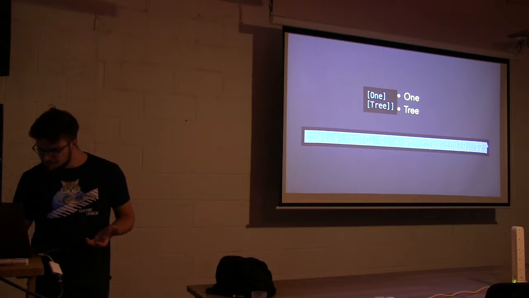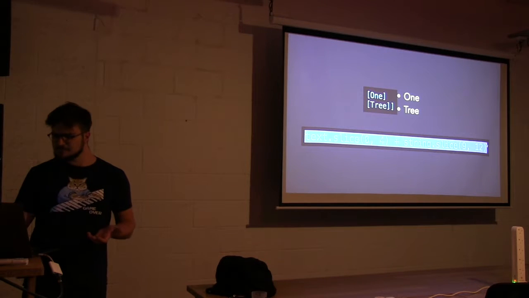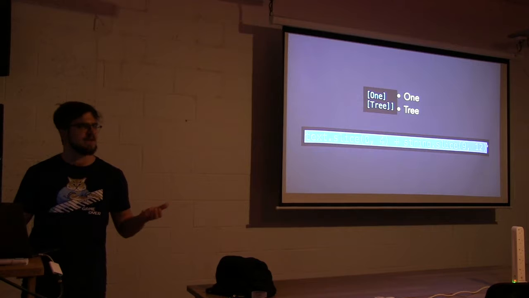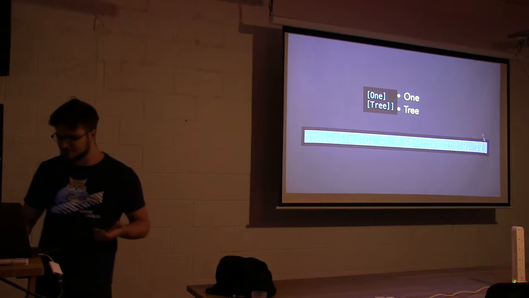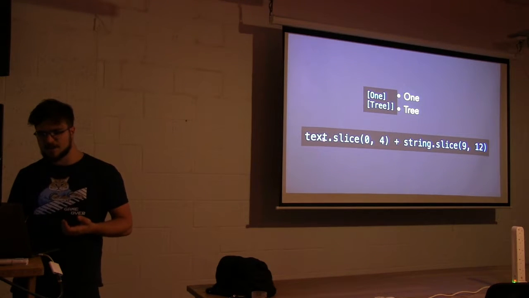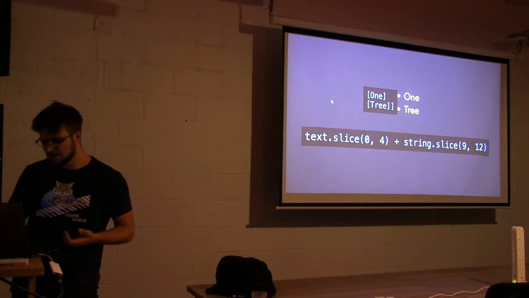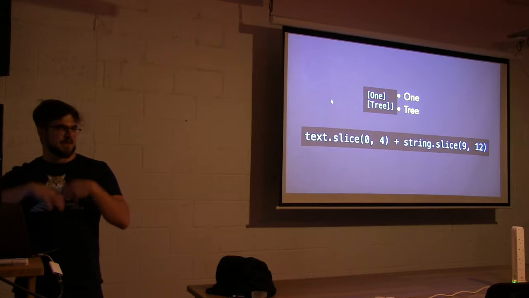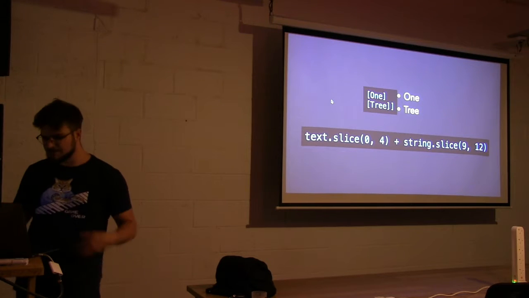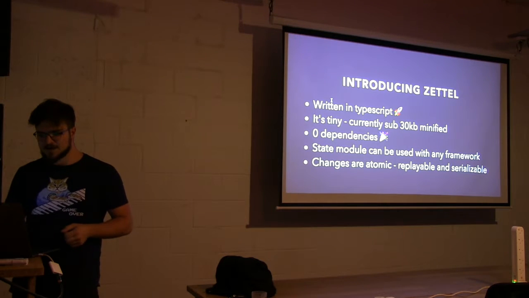I just use slice. It comes out of the box. It's super easy, right? And the array prototype has the same method as well. So I don't need to implement a hugely complicated updating mechanism.